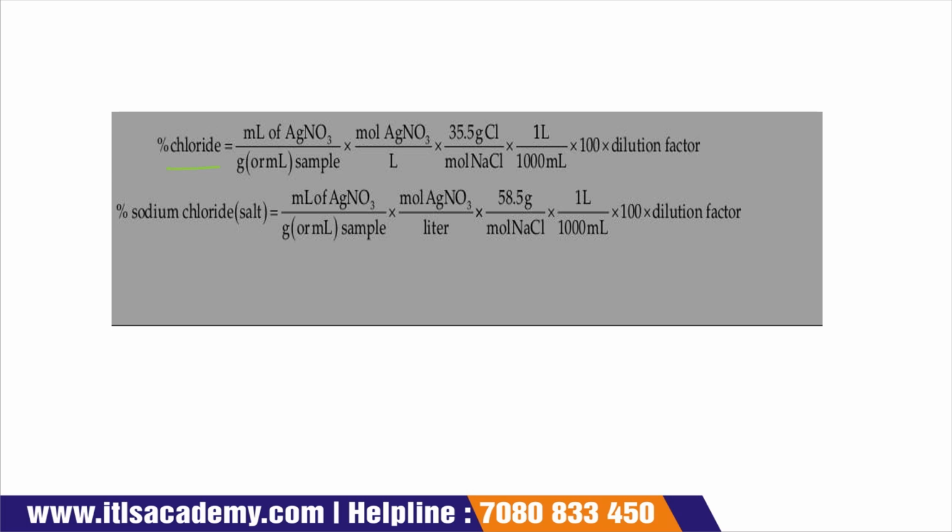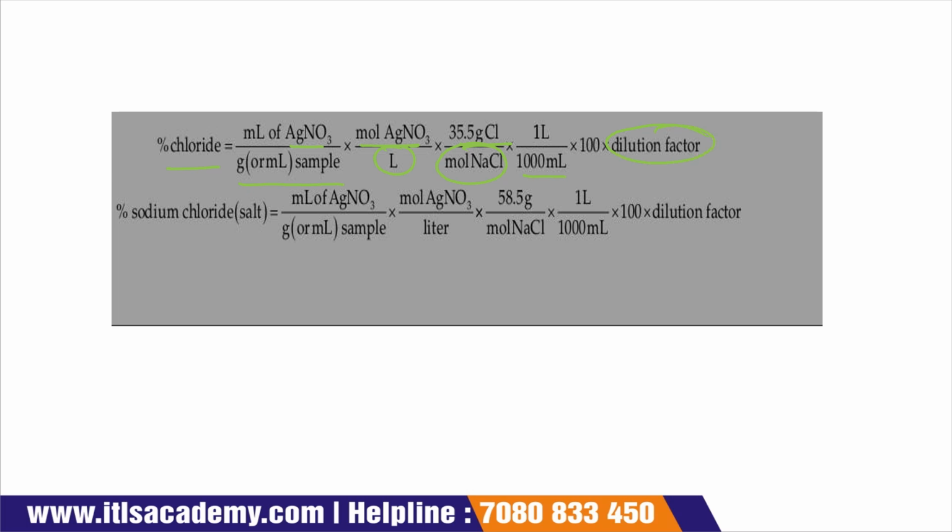Chloride percentage is equal to ml of AgNO3 divided by sample in gram, then molarity of the AgNO3, then volume in liter, then 35.5 gram of chloride divided by molarity of NaCl, multiply by 1 liter divided by 1000 ml, multiply by 100, multiply by dilution factor.